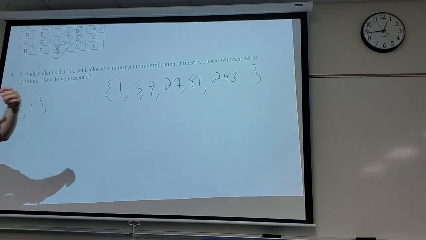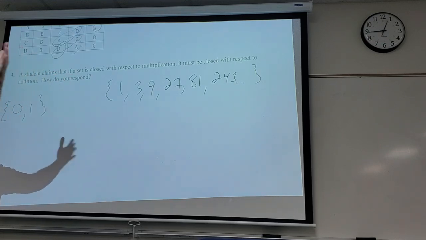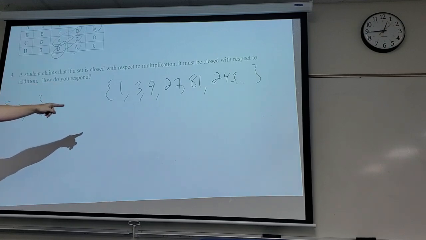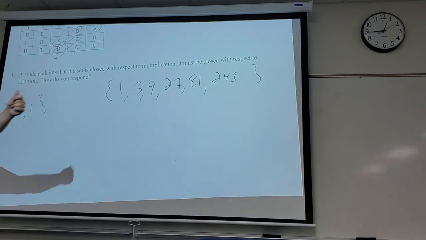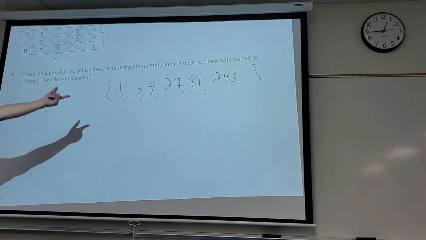You all agree, because I'm going to get everything that is some combination of a certain number of 3's. Whenever I multiply one by another one, I'm just going to get another bigger one. It's in there. You with me? Is it closed under addition? Immediately no, right? What's 1 plus 3? The poor little dude is screwed. If it wanted to be closed under addition, too bad.